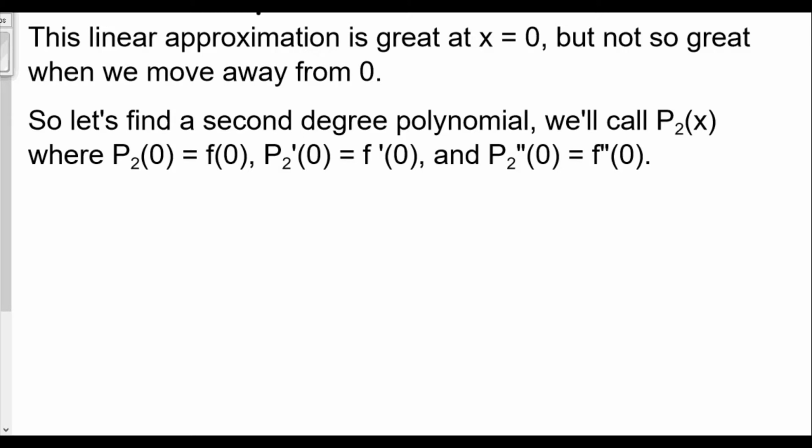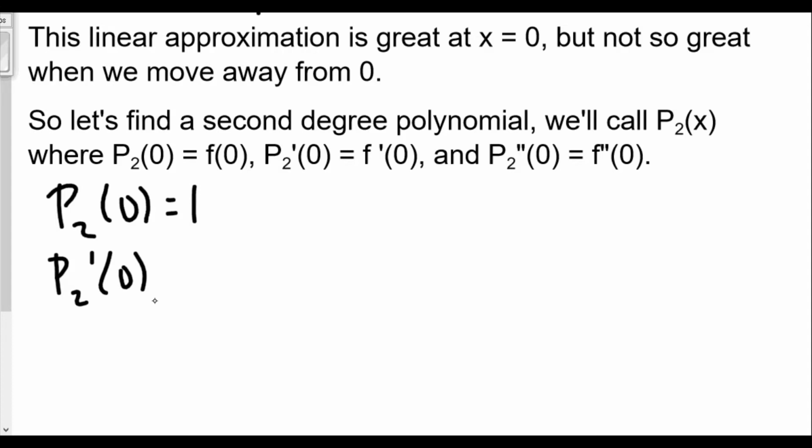So let's find the second degree polynomial, p2; the first one was p1. p2 of 0 is the same value as f of 0, which is 1. And p2 prime of 0 has to equal f prime of 0, which was also 1.